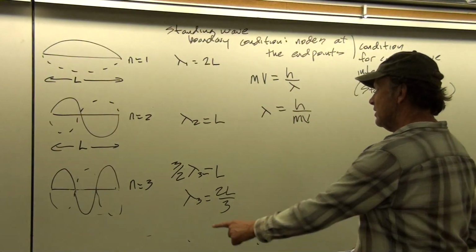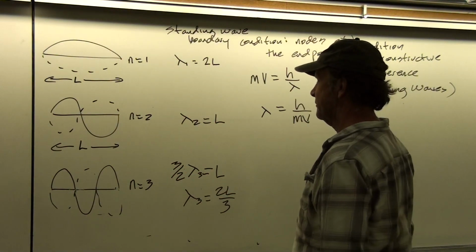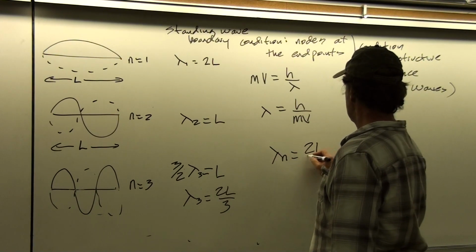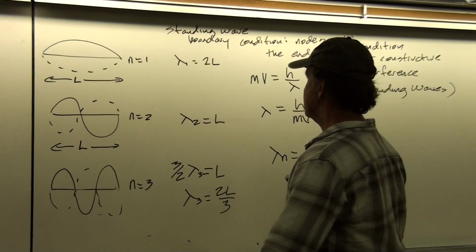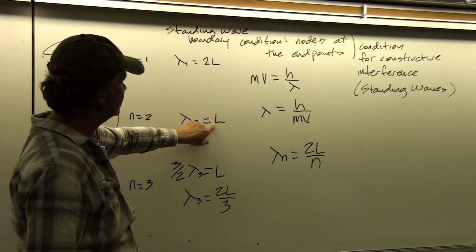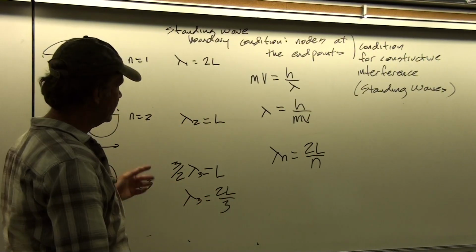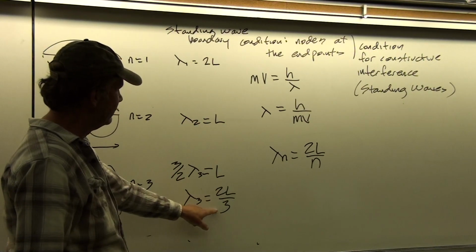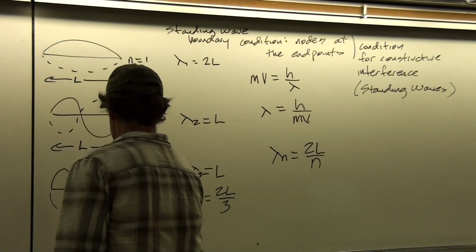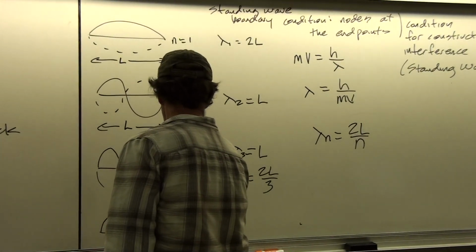And so what we could do then is generalize, and we can see that lambda n is going to equal 2L over n. Okay, so that gets us lambda 1 is 2L over 1, lambda 2 is 2L over 2, lambda 3 is 2L over 3. So I could predict lambda 4 would be 2L over 4, or L over 2.